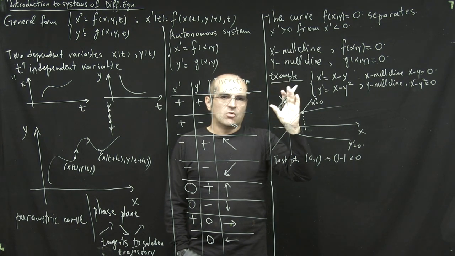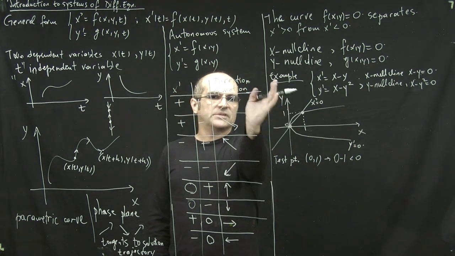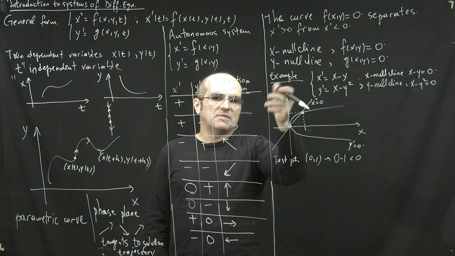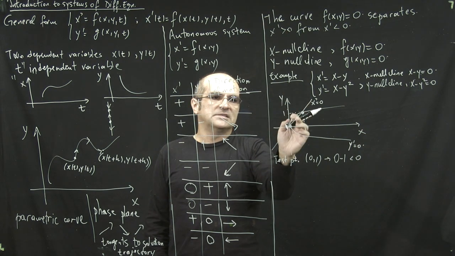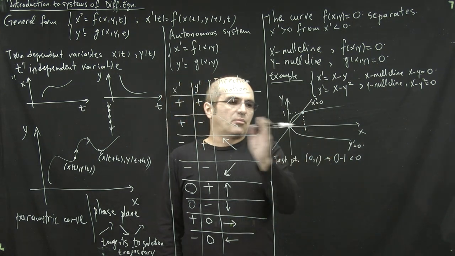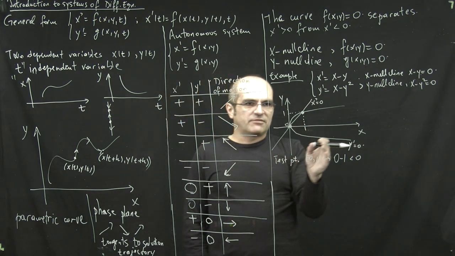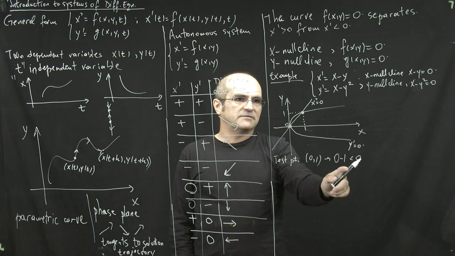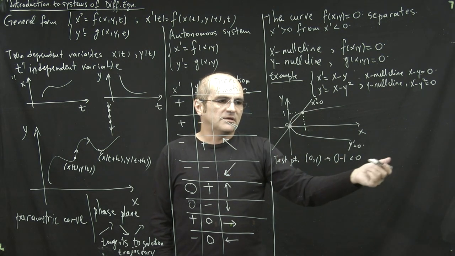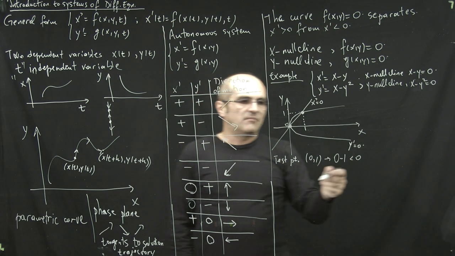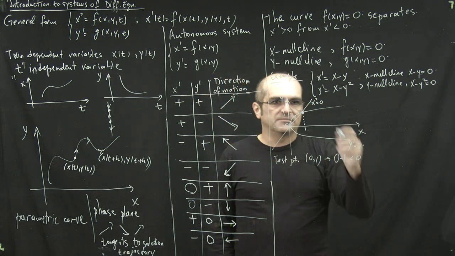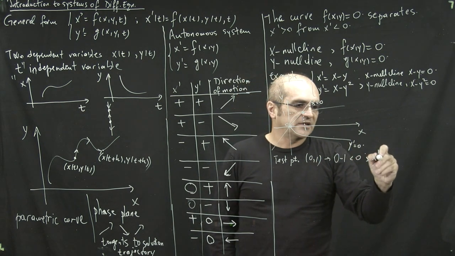So what does it tell me about the motion of the solution? Above the line, the arrows may be up, they may be down, depending on whether you are inside or outside the parabola, so depending on the sign of y prime. But x prime is negative, so the movement is to the left side, right? Above the line x prime is negative, that means the motion is to the left side.